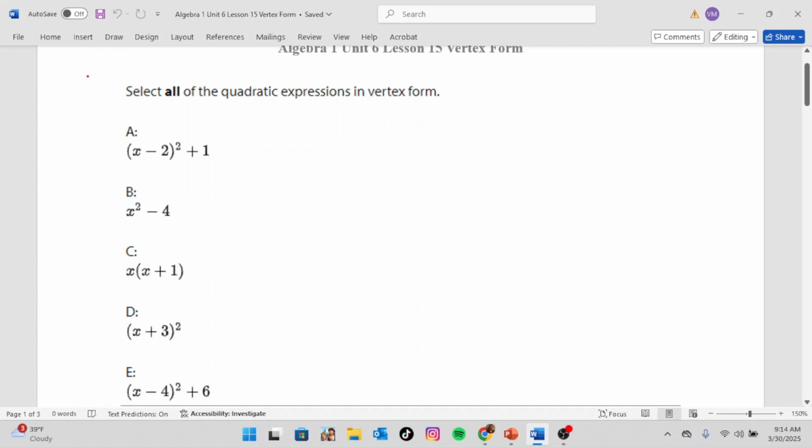Now we can begin the practice problems for lesson 15. Practice problem number 1 says to select all of the quadratic expressions in vertex form. So let's make sure we remember what vertex form looks like.